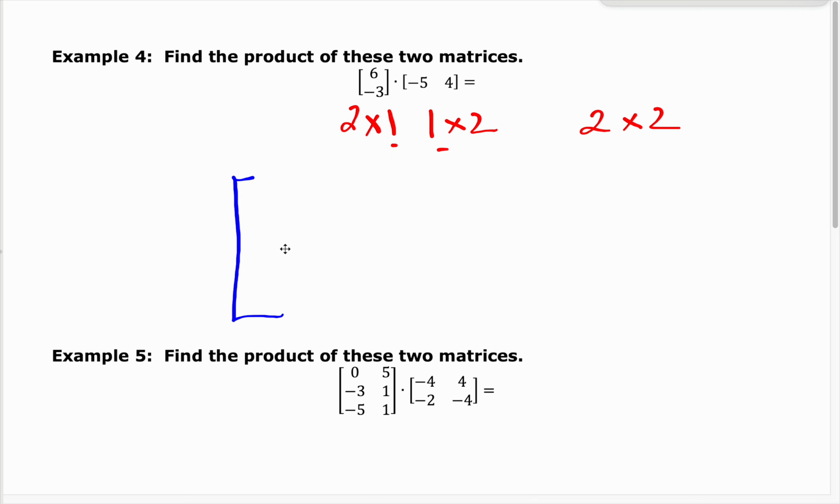So to get this first entry, we have to take the first row times the first column, which is -30. First row times the second column. Second row times the first column. Second row times the second column.